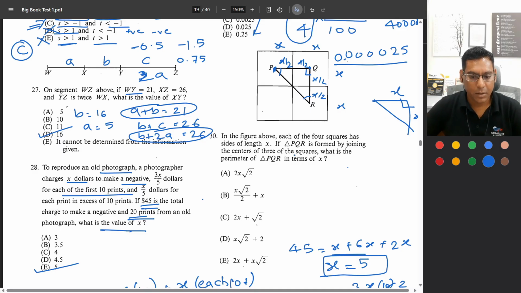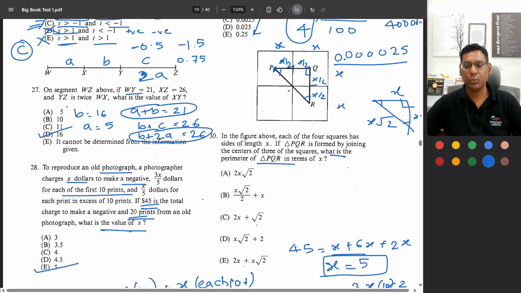What is the perimeter of PQR in terms of x? PQR perimeter is this plus this plus this. So this is going to be x root 2, right? 45, 45, 90. You can do Pythagoras. If you don't know that, you can do x square plus x square and take the root of that, that's x root 2.